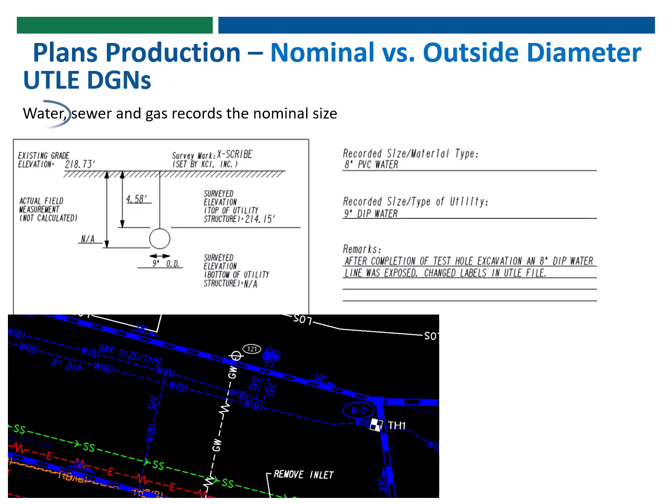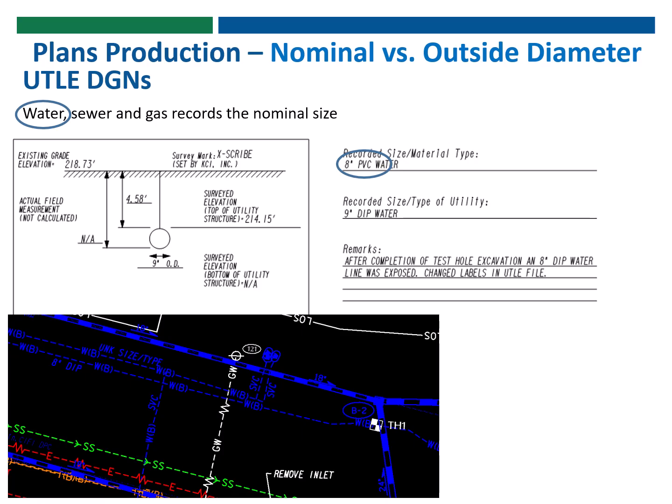What about DGN files? In this example, we're looking at a water test hole form, and for water companies, they normally provide the nominal size on the records. So in this case, they were looking for a 8-inch PVC water line.